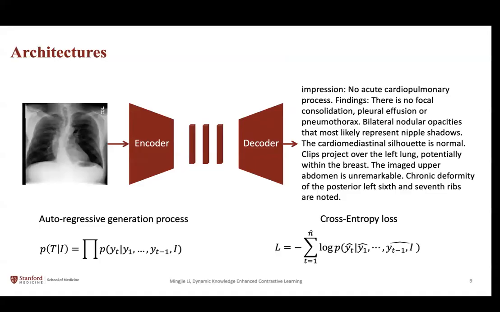This process is typically autoregressive, meaning the model generates each word in the report sequentially, using previously generated words as a potential context. During training, we use cross-entropy loss to measure the discrepancy between the generated text and the ground truth, which is the text word embedding IDs, getting the model to improve its accuracy in generating detailed and coherent medical reports.